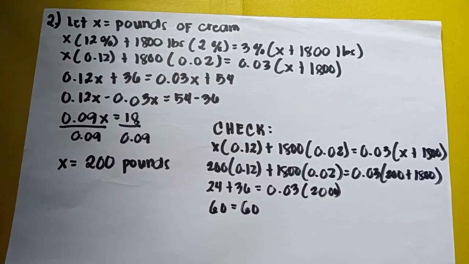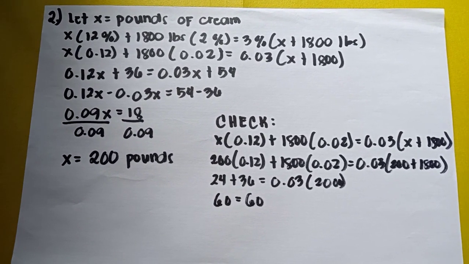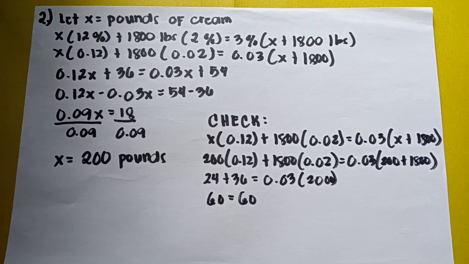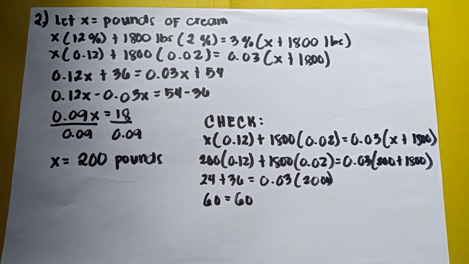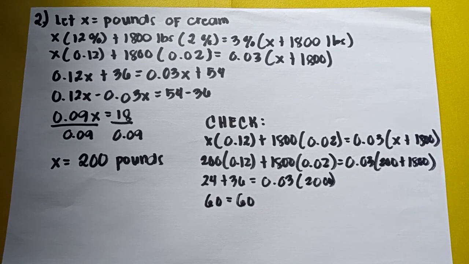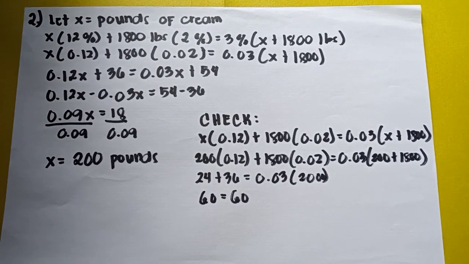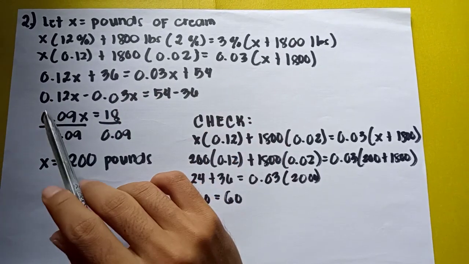Problem number 2. How many pounds of cream containing 12% butterfat must be added to 1,800 pounds of milk containing 2% butterfat to obtain milk having 3% butterfat? So we will use X as pounds of cream.